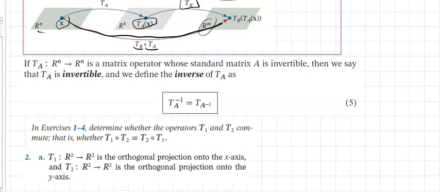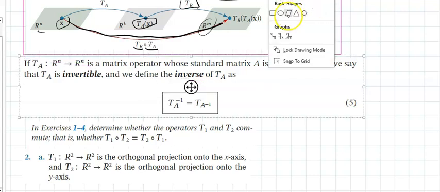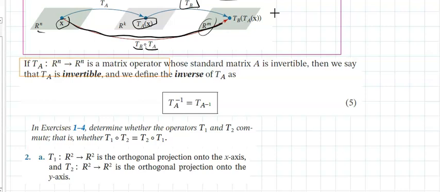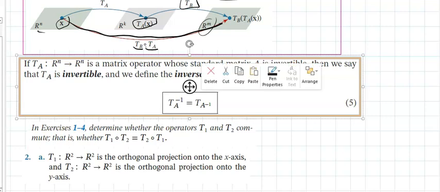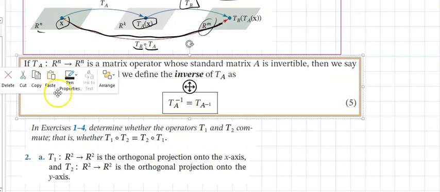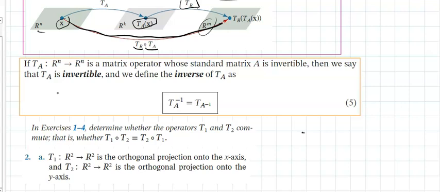Now it turns out to be really interesting how the inverse works. If we're talking about the inverse of a transformation, let T sub A be a transformation from Rn to Rn whose standard matrix A is invertible.